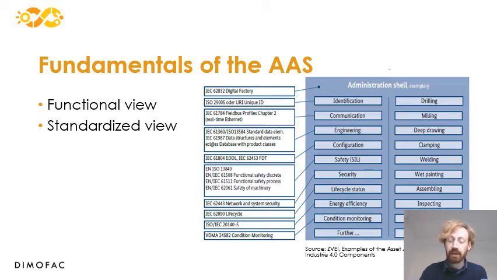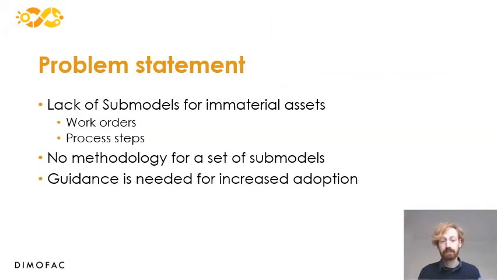But the problem that we encountered was the question of how to choose among the whole list of submodels, which submodels are relevant to your use case, to your scenario.